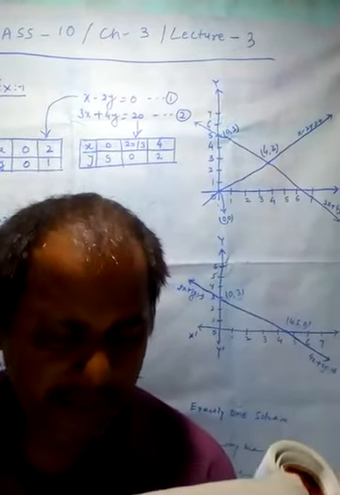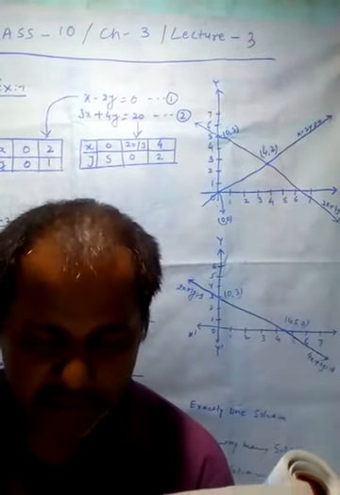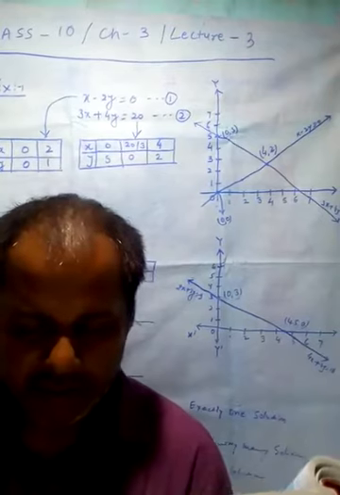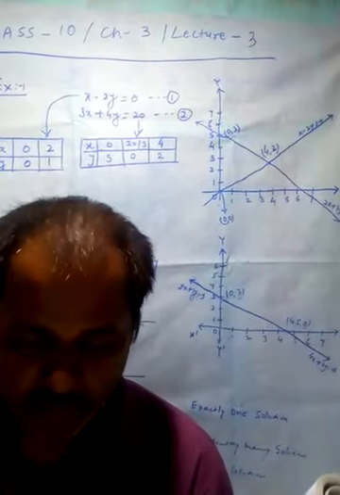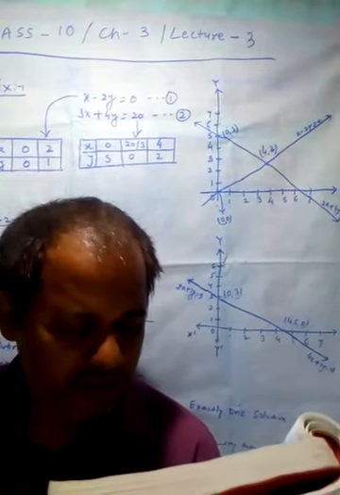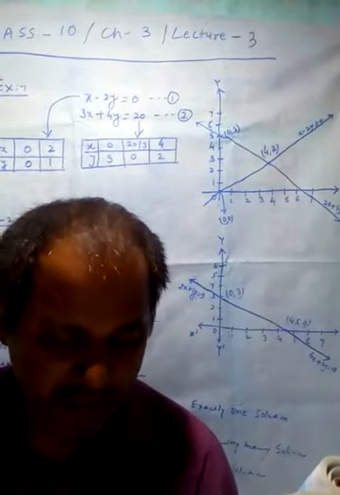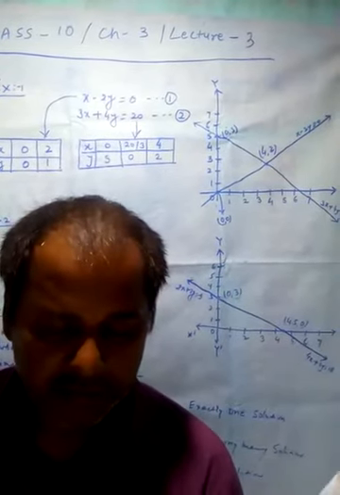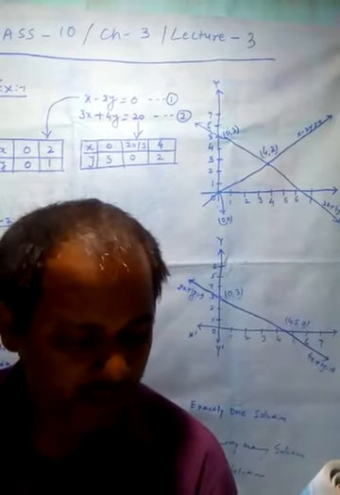This would not surprise us, because if we divide the equation 4x plus 6y is equal to 18 by 2, we get 2x plus 3y is equal to 9, which is the same as equation number 1. That is, both the equations are equivalent.